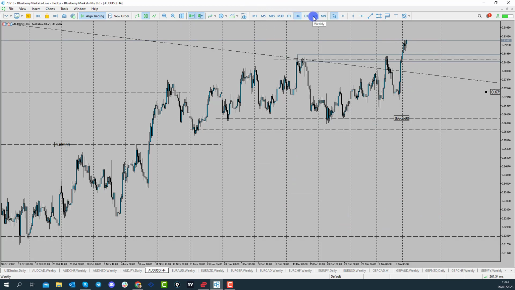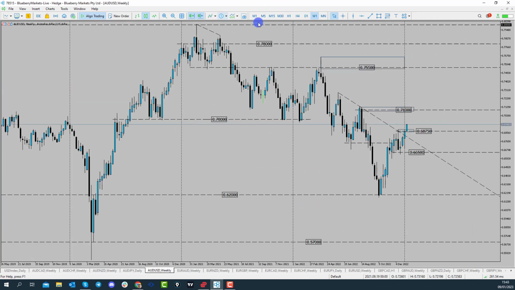Now if I go into the weekly time frame, from a technical perspective, it looks like price is going to head to the upside. It looks like we are now going to see price head towards the 0.71 handle, because we're trading through this previous area of resistance, which is why we were looking for the break of the 66.50, and now it's broken through to the upside. So it's broken through the trend line resistance.